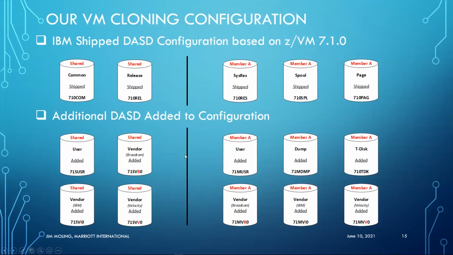So if I have an SSI cluster that doesn't have those additional vendor volumes or T-disk or user volumes, those are going to be new when I first create the clone, the cluster replacement. Those guys aren't going to have anything on them. So when you're cloning them, you're just going to format those just like you would the ship, spool, and page volume, right? First time around.